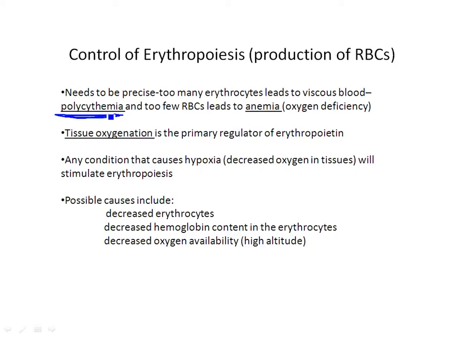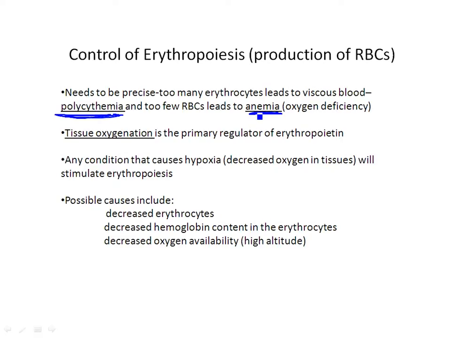Now, the opposite of that, if you're not producing enough red blood cells, you're going to get something known as anemia. And anemia is going to cause oxygen deficiencies in your tissues. So that's not a good thing either. So you want to maintain a really tight homeostatic balance between the production and the destruction of red blood cells.